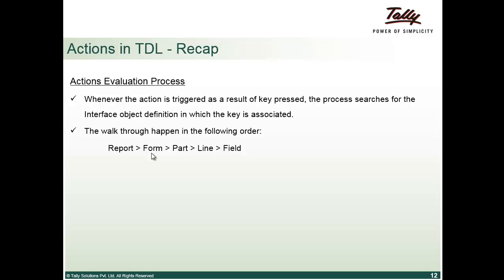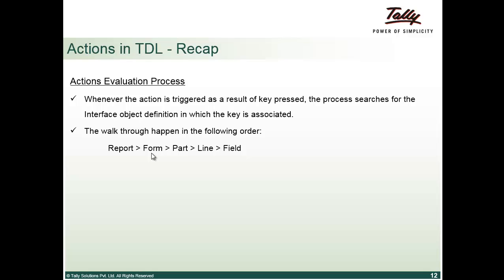For example, if you have associated a key called Ctrl C in your field, and also in your line, and also in your form, then when you press Ctrl C, the system won't know which Ctrl C has to be executed.